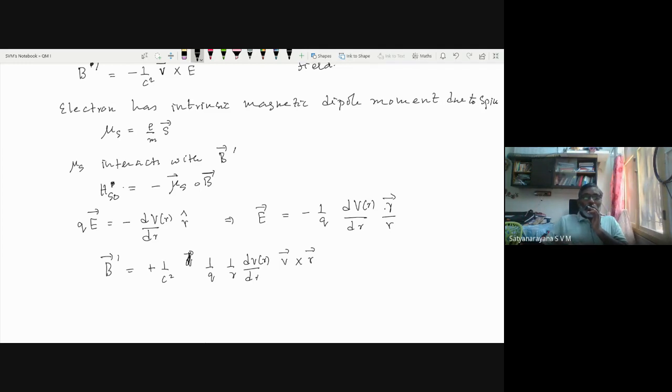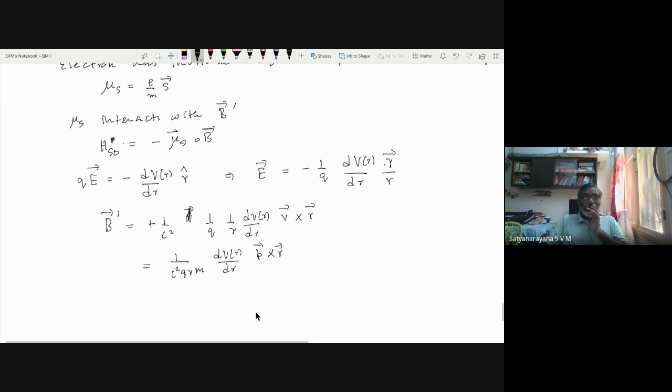Now what is v cross r? Suppose I multiply by m; this is equal to 1 by c square q r, and I put an m here, into dV r by dr into p cross r. And this is basically the angular momentum, right?